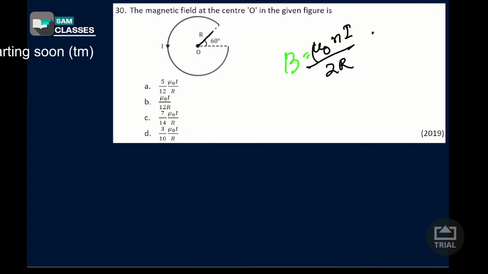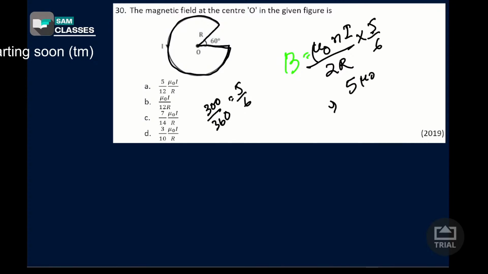This whole part corresponds to how much, students? 300 degree. So 300 of 360 is what? 5 by 6 of that whole thing. So just multiply with 5 by 6. So what will you get? Mu naught, N is equal to only one turn, so 1. 5 mu naught I by 12R. Clear?